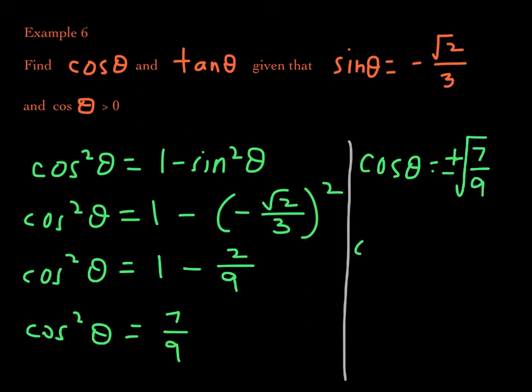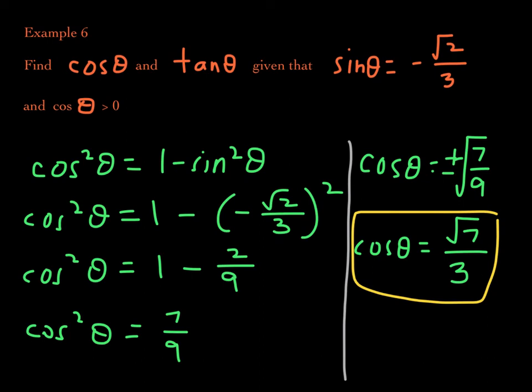Well, they already told me that cosine of theta is positive, so I can ditch the negative and just say this is a positive value, and it's positive root 7 over 3. Cool, so that's one answer. That's cosine of theta. I found it using a Pythagorean identity, this one here. Okay, now they want us to find tangent of theta as well.